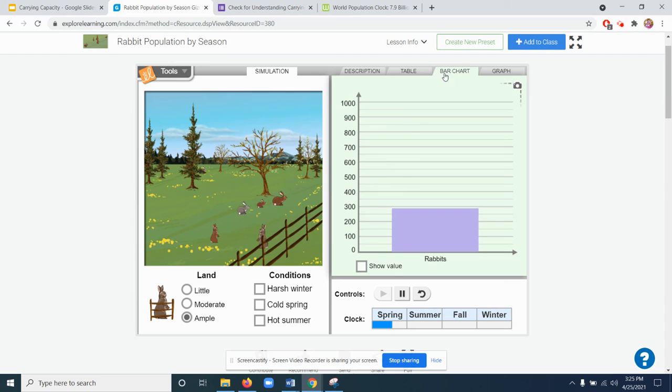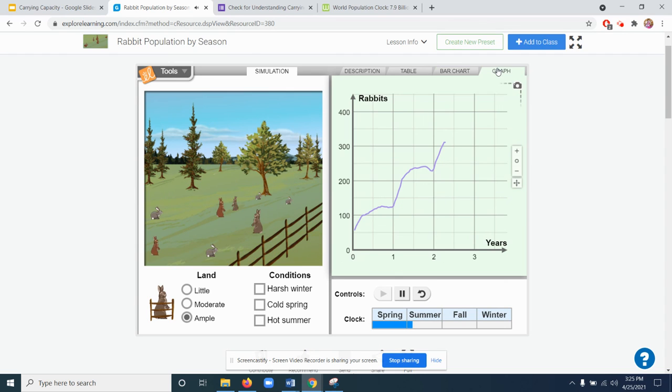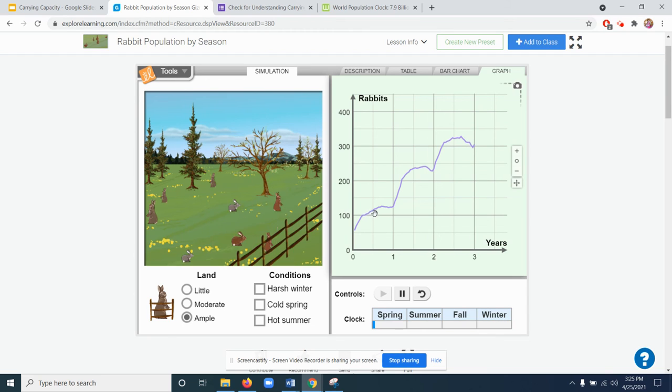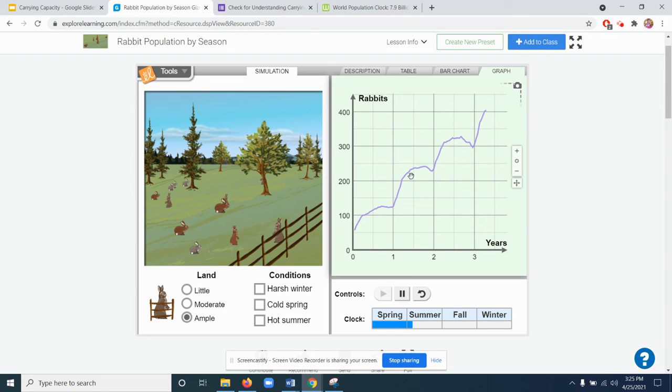So you can see the changes. Here's our graph. It looks very similar to, I mean, it's a population graph, time and population numbers, and then we have our growth. So you can see it grows, and then it kind of slows down, dips a little, and goes up. So let's wait a little bit.